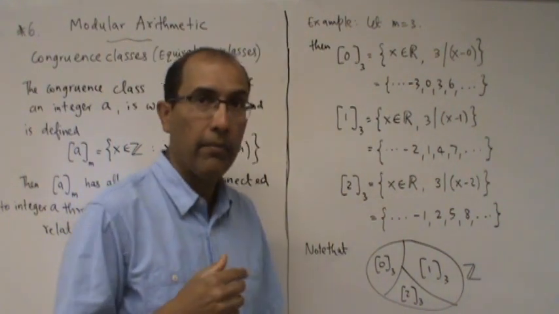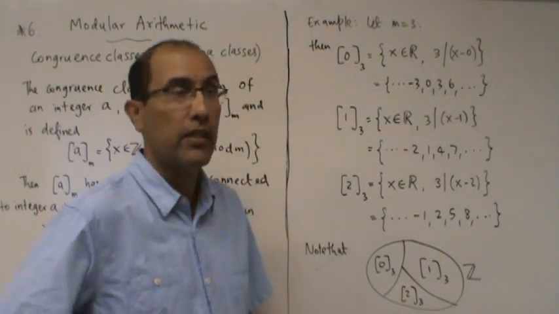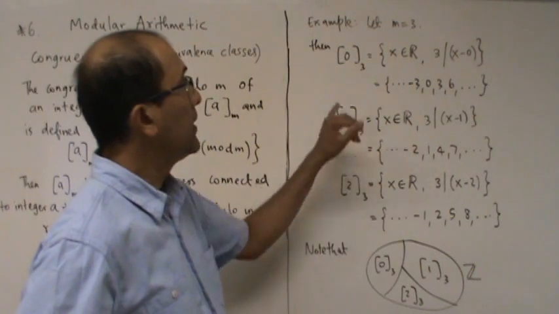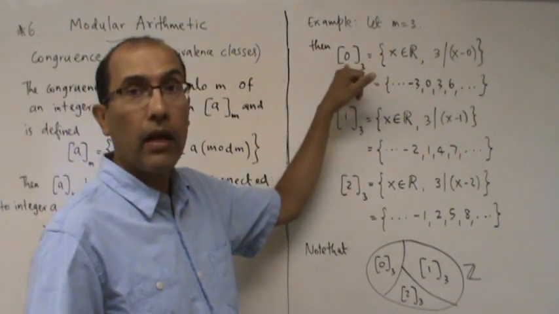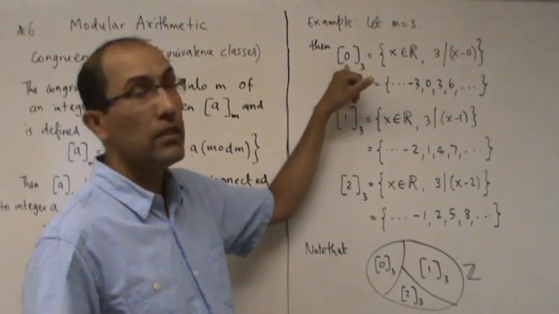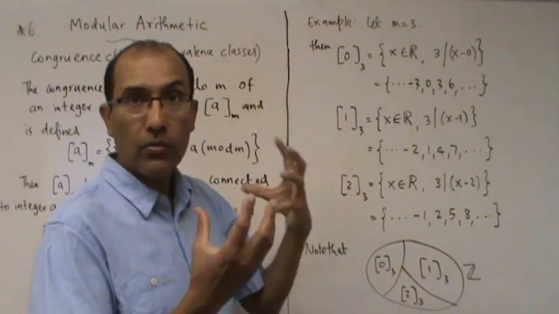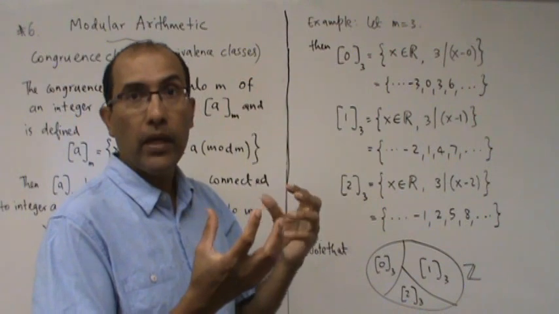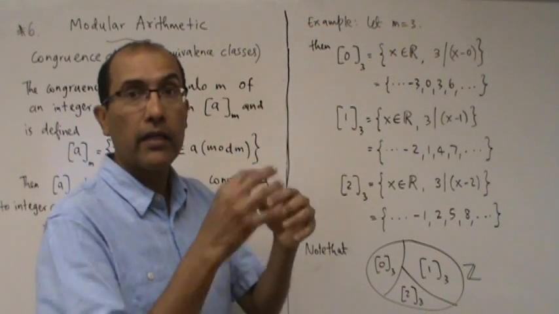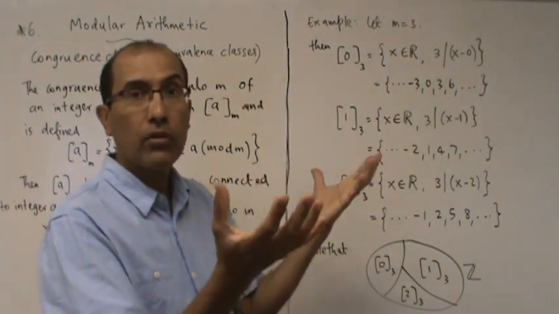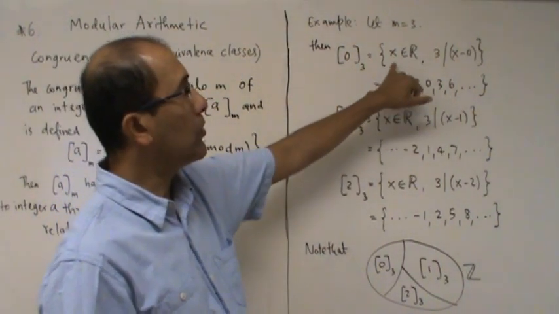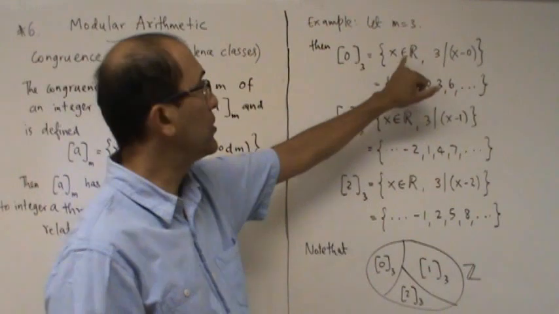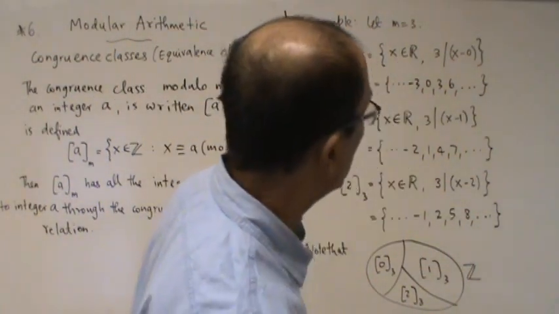Suppose m is a fixed positive integer, let's say m is 3. In that case I can look for the integer 0 and see what the numbers are that are connected to integer 0 through this congruence modulo relationship, and all those integers belong to the congruence class. So I want to look for all the x's which are, I'm sorry, these should be integers here.